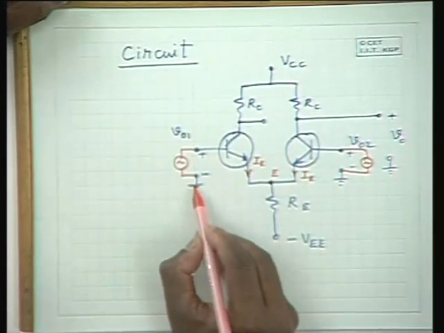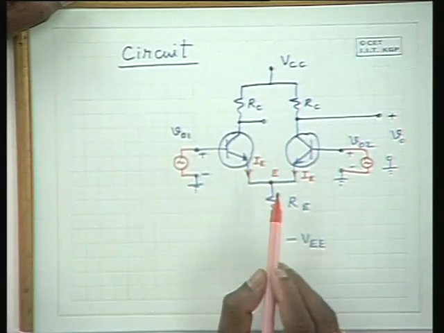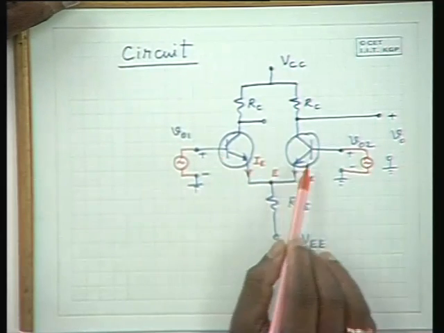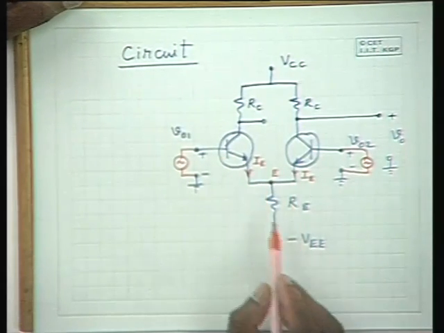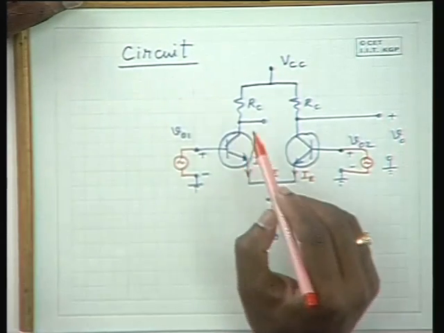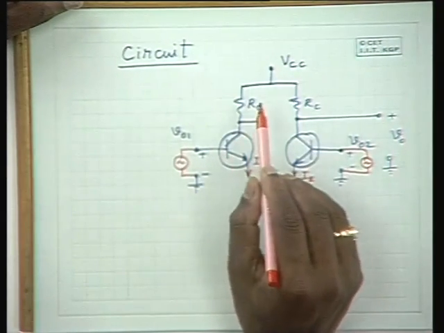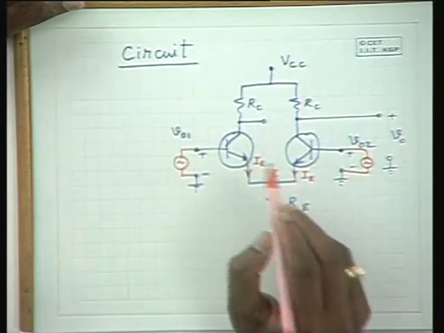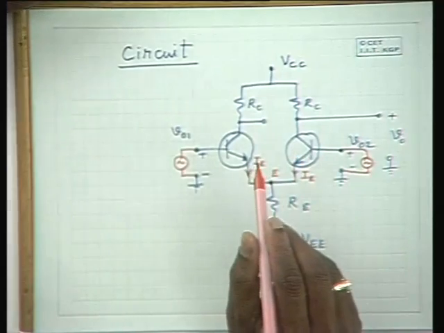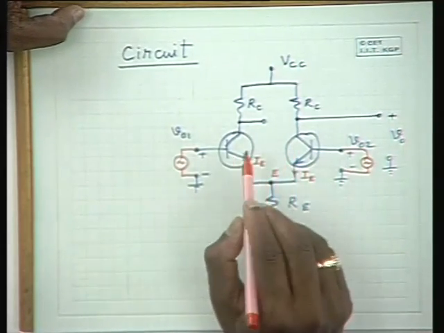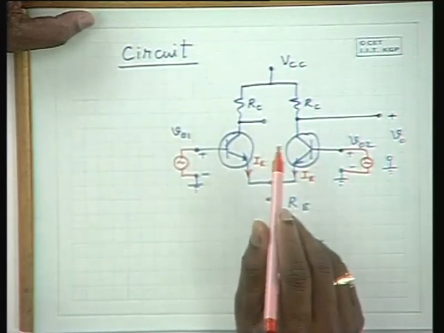Now, when both the bases are grounded, please note that the base emitter junction is forward biased through RE and this negative supply, and the collector base junction is reverse biased through this positive supply. Hence, we find the transistor either in the active region or in the saturation region.